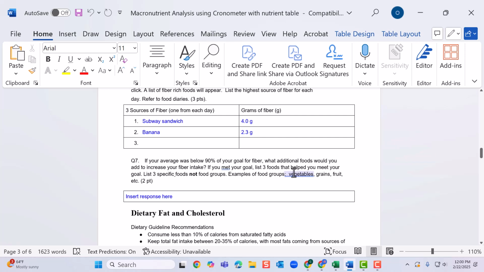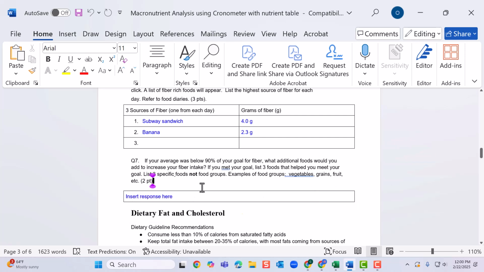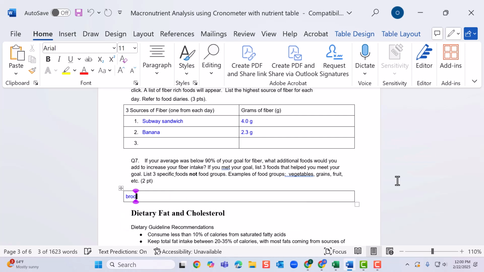And if you don't know, then you need to refer to the book. I provide the chapter readings. You need to use Cronometer. You can look up what foods have a high amount of fiber. So you want to do some research to figure out, is what I'm saying accurate? I would not put, well, I need to increase my fiber, so therefore I'm going to add in broccoli.